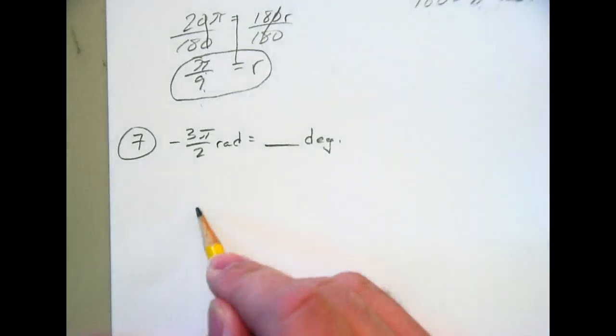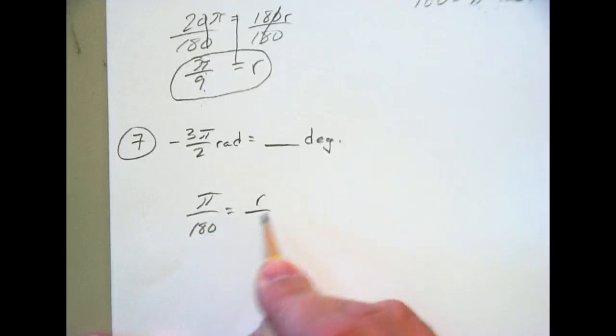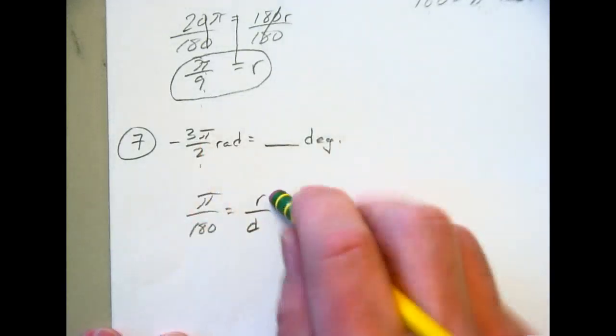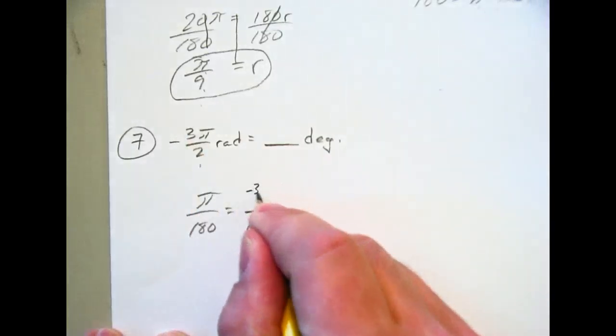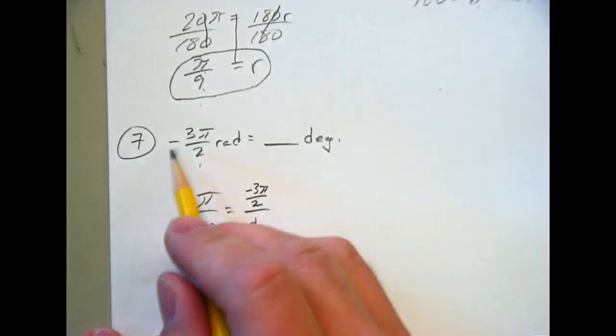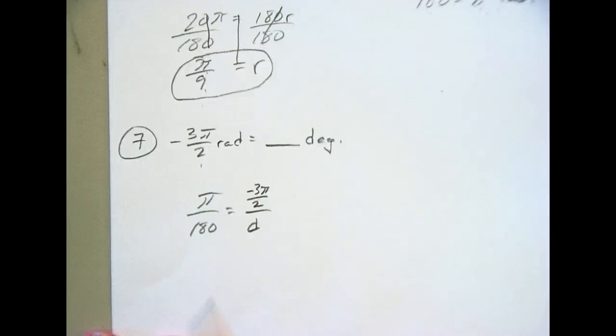You got pi over 180 is equal to r over d. Okay, we're going to replace r with negative 3 pi over 2. I'm going to attach the negative to the top just so it has a home. Okay, it's not just hanging out here. All right, and then our degrees there.